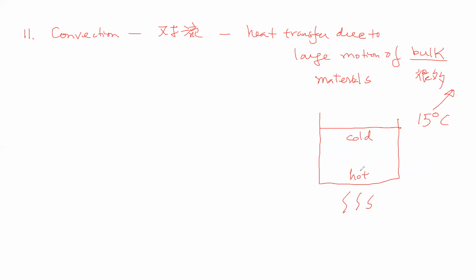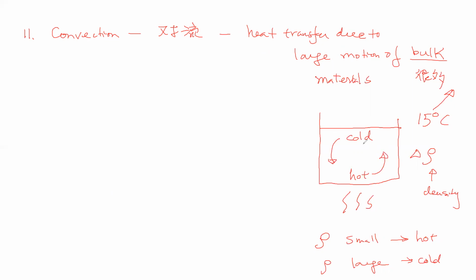So because of this hot and cold, the density is different. So you have a delta in terms of rho. Rho is density, right? Okay. So rho is small for hot water, and rho is large for cold water, right? So then this is large, so it's going to go this way, and hot is going to go that way.